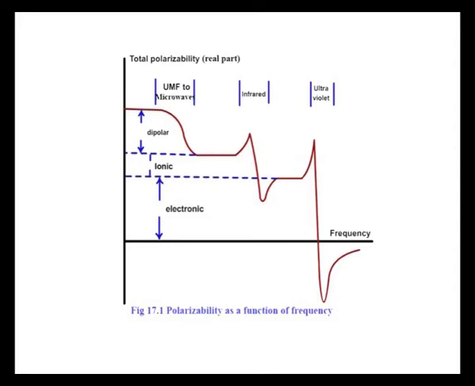where we have plotted the polarizability as a function of frequency. Now, what we see is that at low frequencies you have the dipolar mechanism. So, you have something like this.